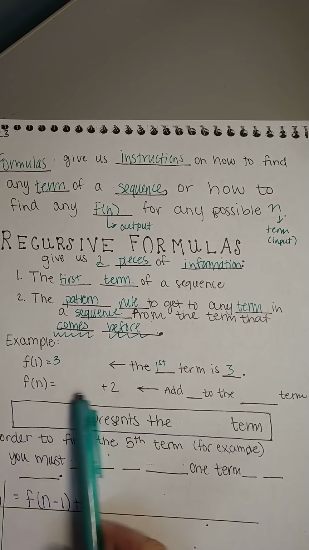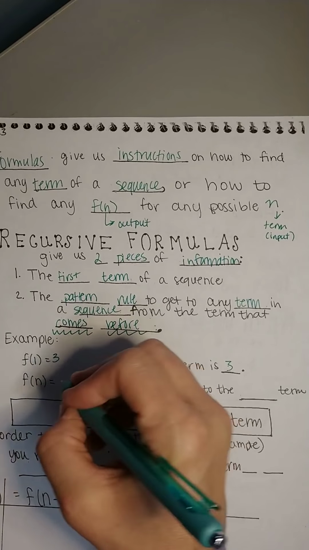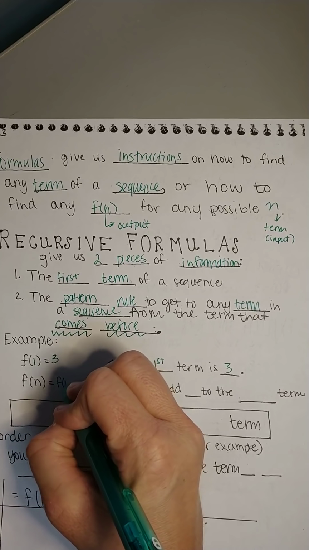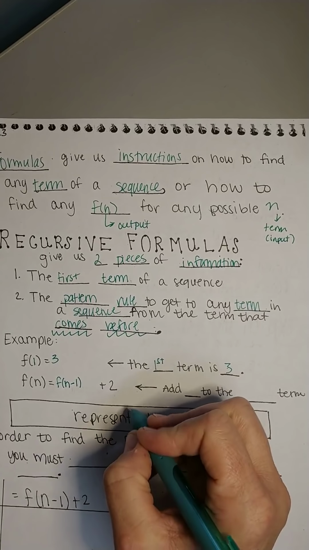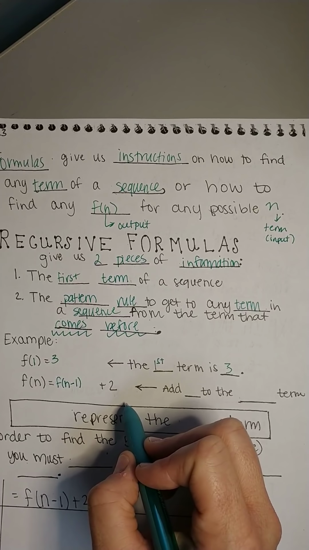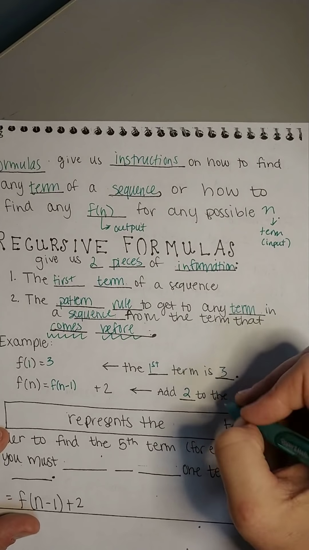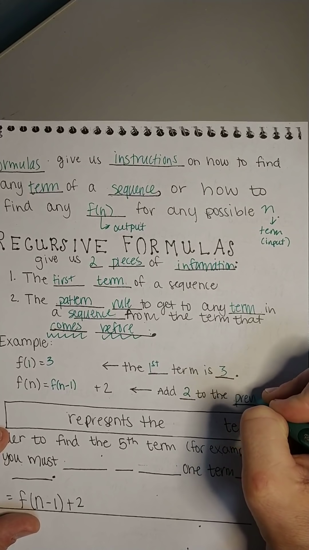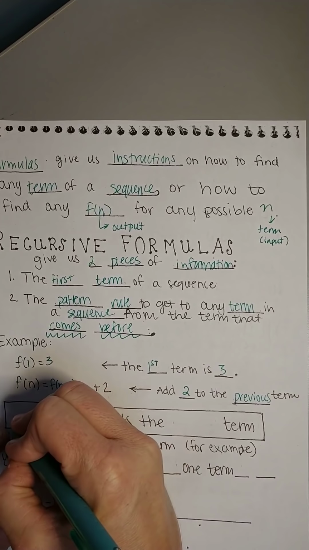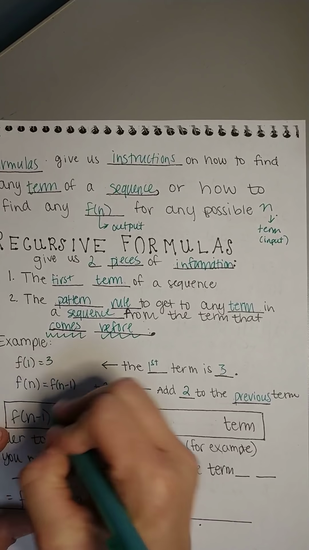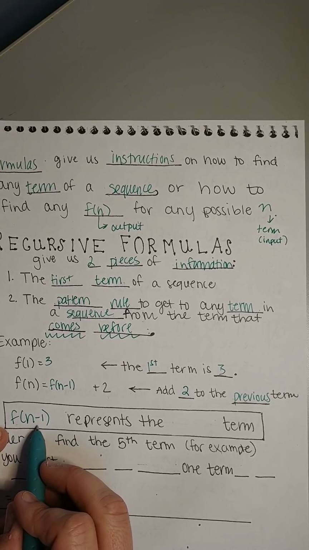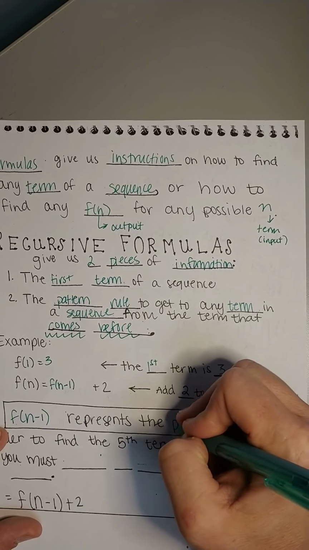Now here's the pattern rule. f of n equals f of n minus 1 plus 2. What that's saying is add 2 to the previous term. That's all it's saying. So this f of n minus 1 piece just represents the previous term.